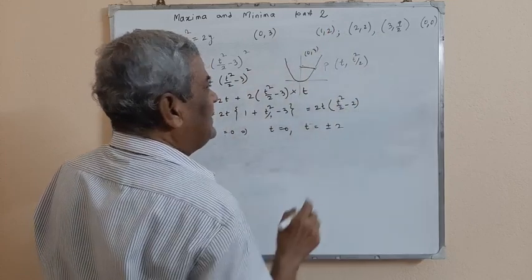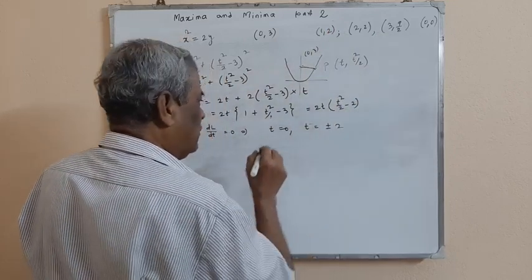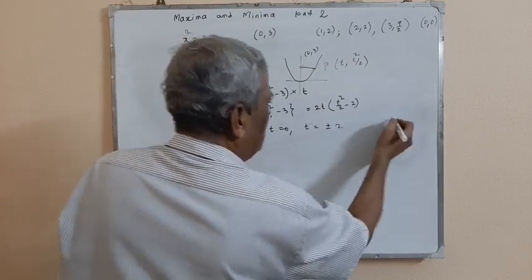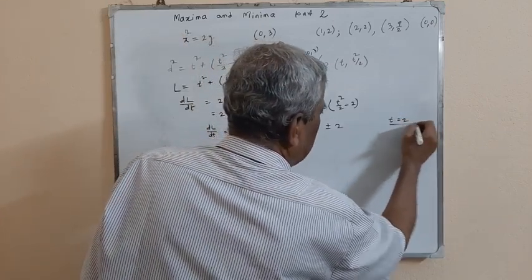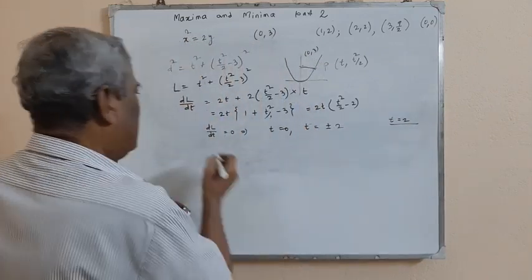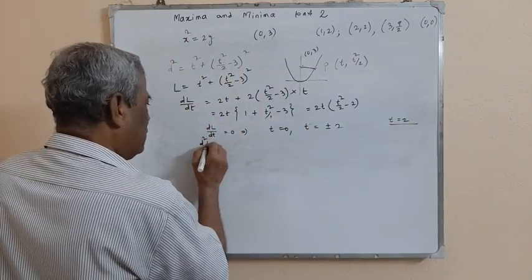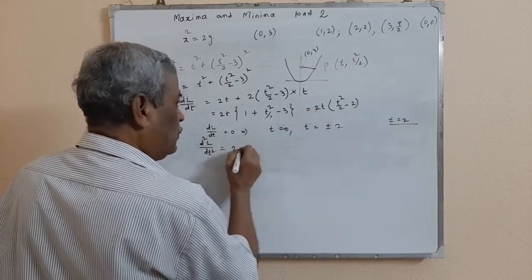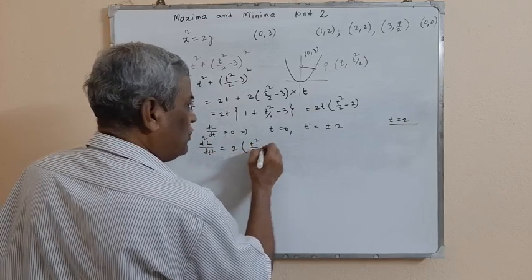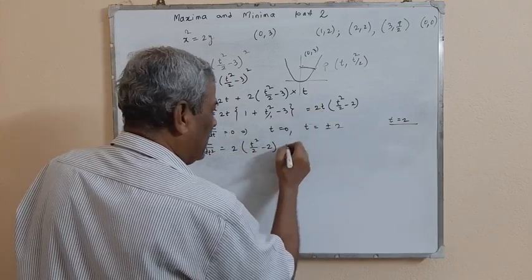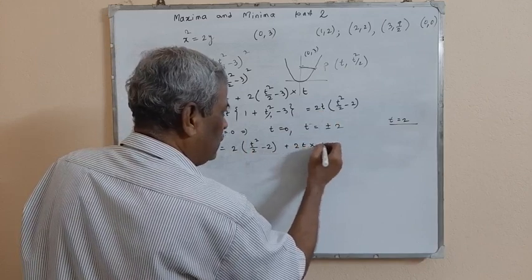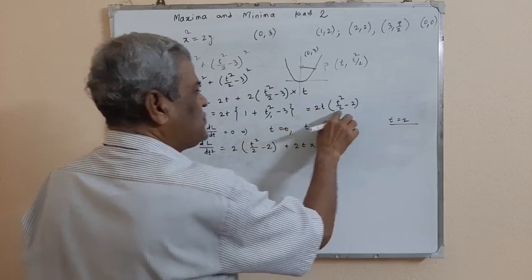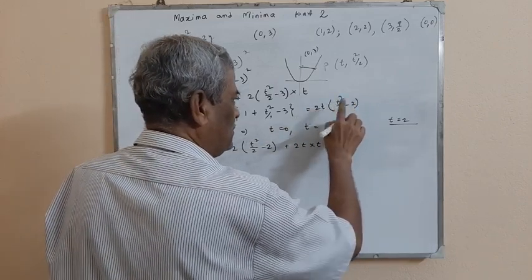Here four options are there. Let us calculate which one is for maximum or which one is for minimum. Let us test for t is equal to 2. For that purpose, d2L/dt2 is equal to 2 into t square by 2 minus 2 plus 2t into t, its derivative being 2t by 2.